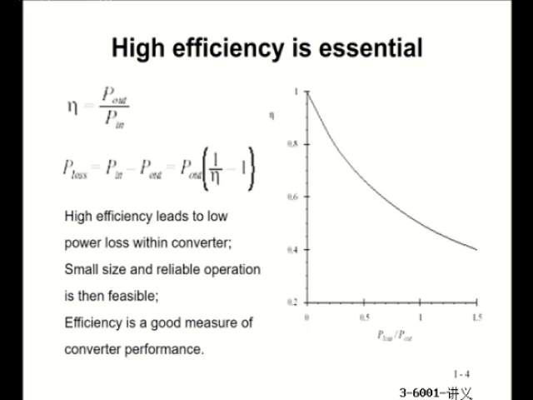For semiconductor components, usually the maximum temperature it can handle is 150 degrees Celsius. If you don't handle that heat generated by the power loss, then the temperature will exceed that level, and it will destroy the power semiconductor device. The converter will fail.